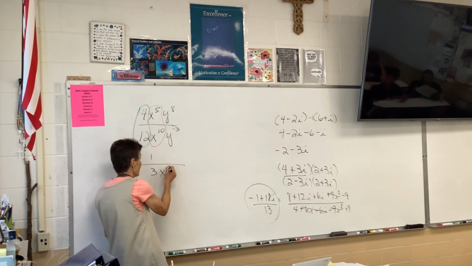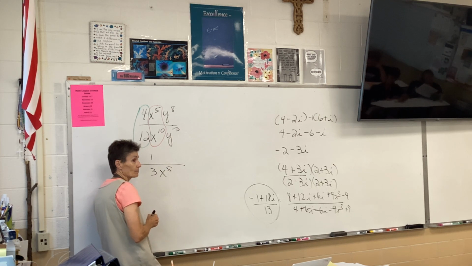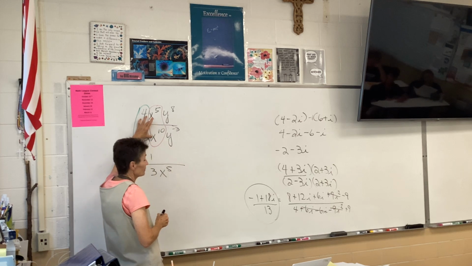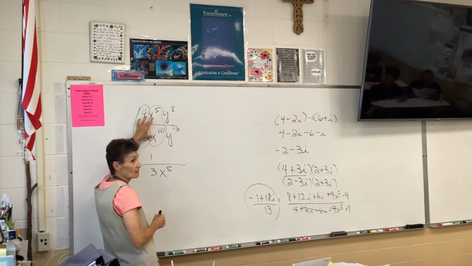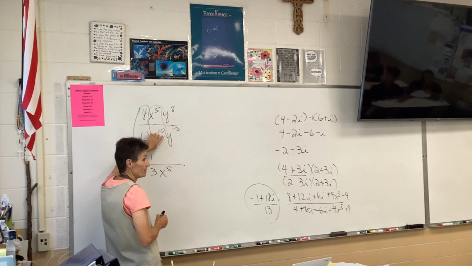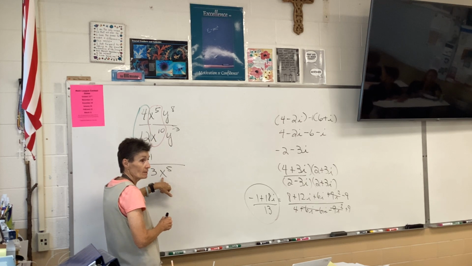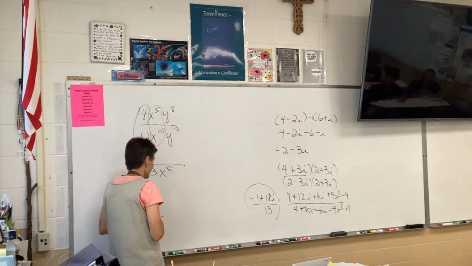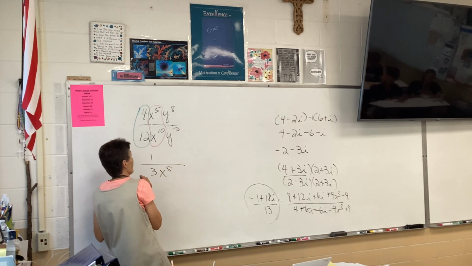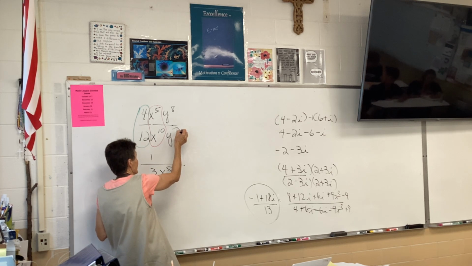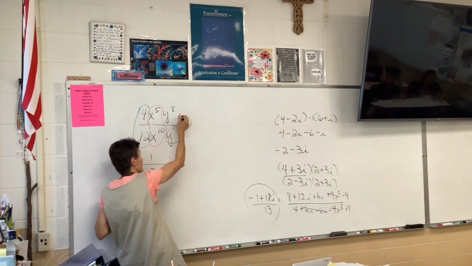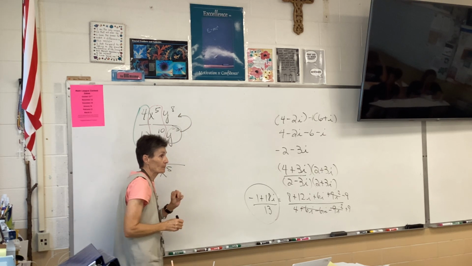X to the 5th on the bottom. Remember, we got 5 over 10. That's going to give us 5 in the bottom. Now the y's are a little bit more problematic. This guy's negative. That means he has to go to the top.